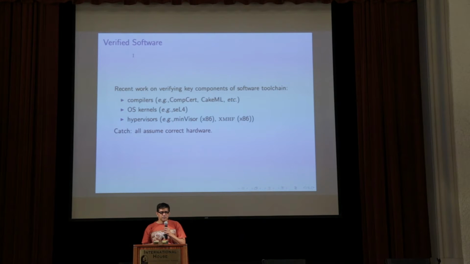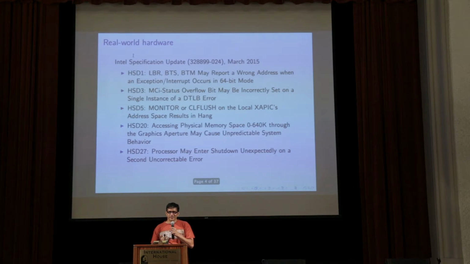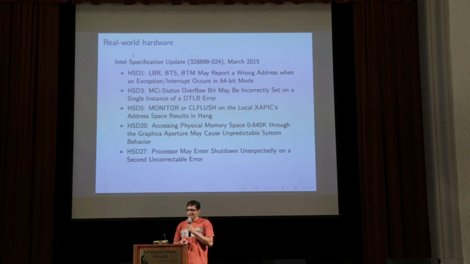And in the real world, so take the hypervisors that I implement on x86. In the real world, you have this. The Intel errata sheet from March 2015 has these kinds of bugs. Some instructions may report a wrong address when an interrupt or exception occurs in 64-bit mode.